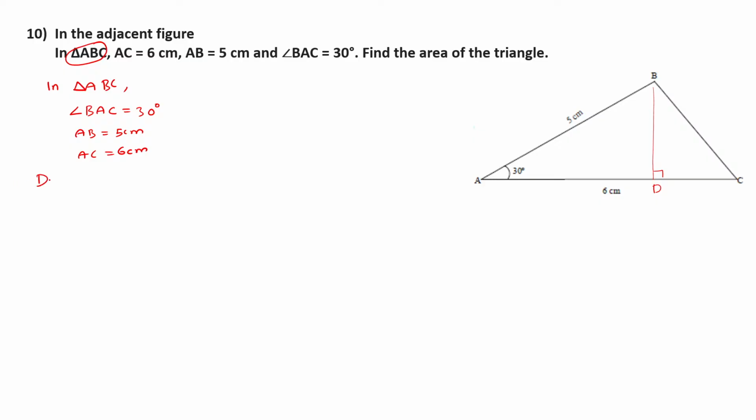Now, the extra construction that we are doing is dropping a perpendicular to AC. From which point do we have to drop it? From point B. So BD will be perpendicular to AC. Now it is divided into two triangles.